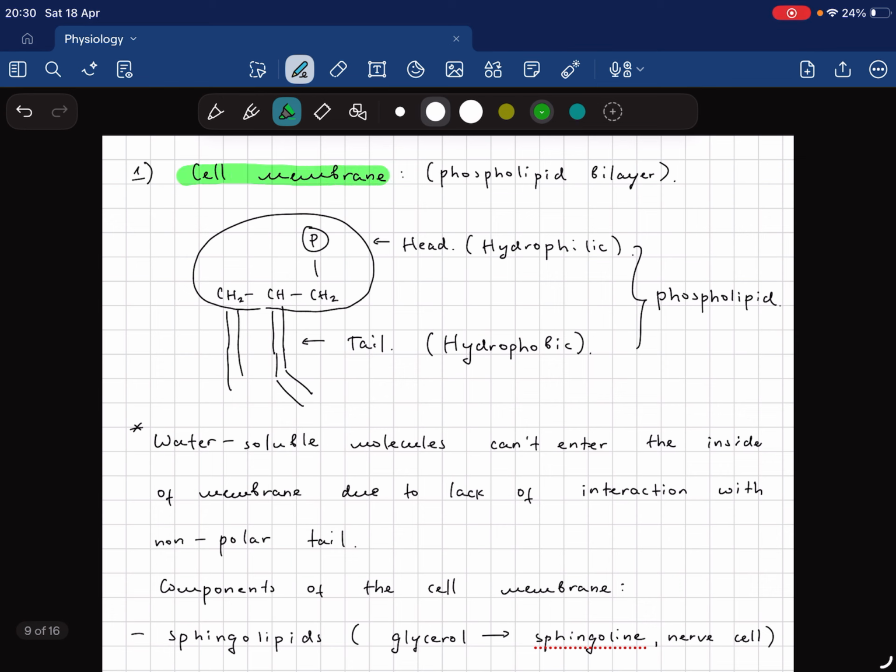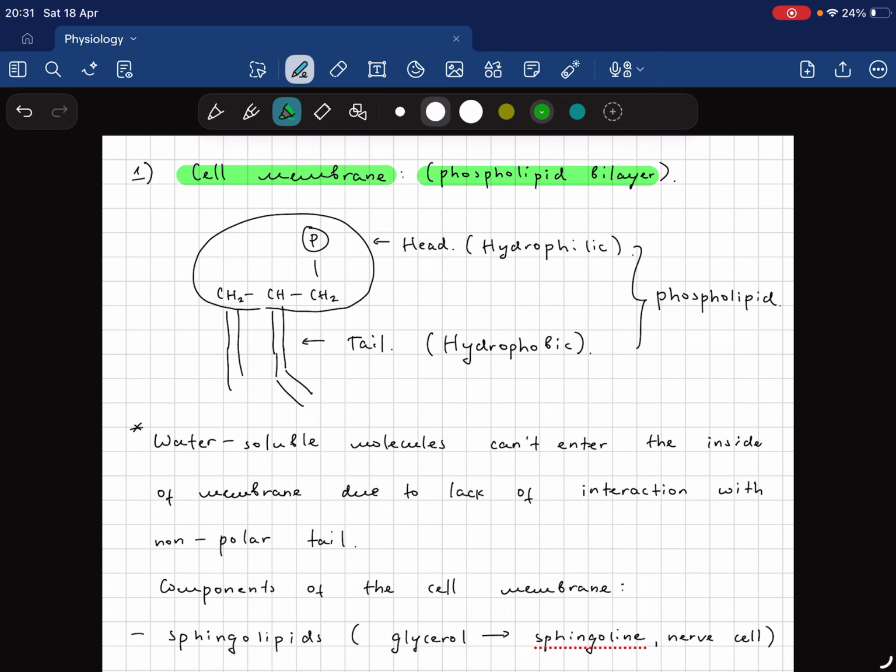Okay, next. Now let's talk about the cell membrane. The cell membrane basically separates the cell from the environment. And the cell membrane basically consists of a phospholipid bilayer. Now, what is a phospholipid bilayer? You know the meaning of bilayer, but what is phospholipid?